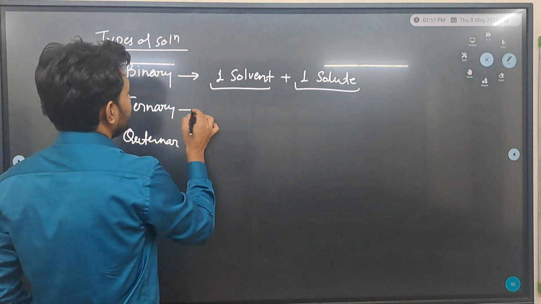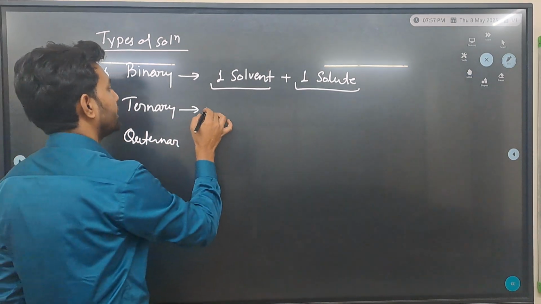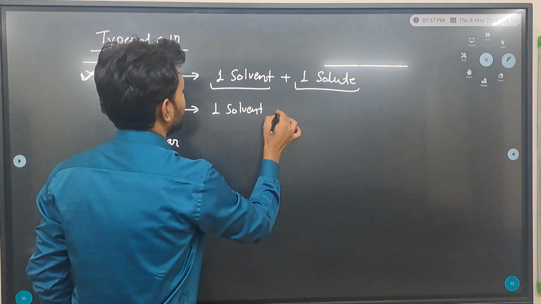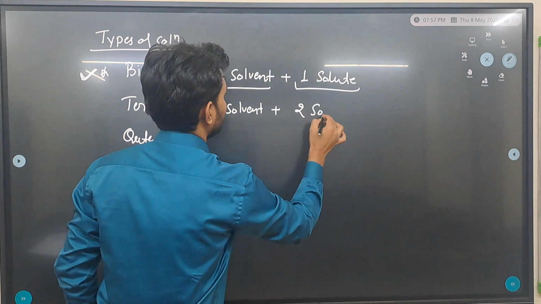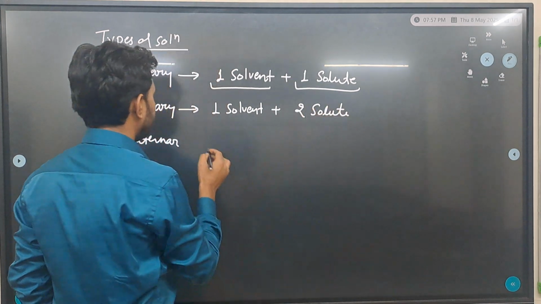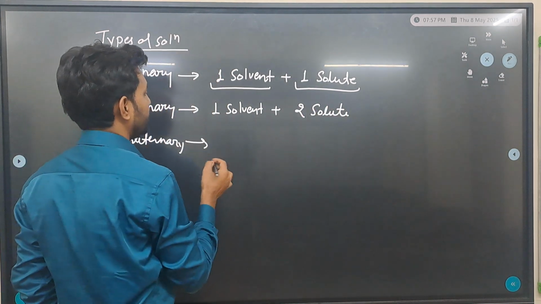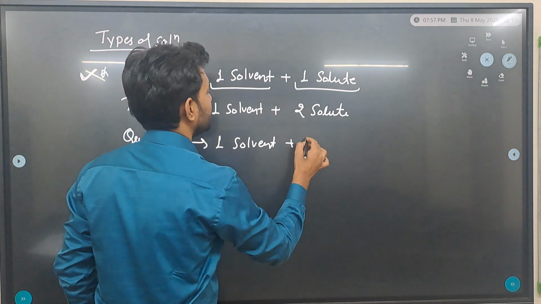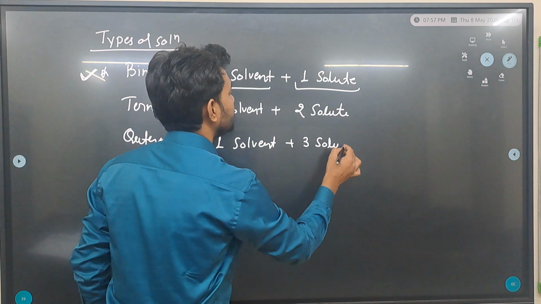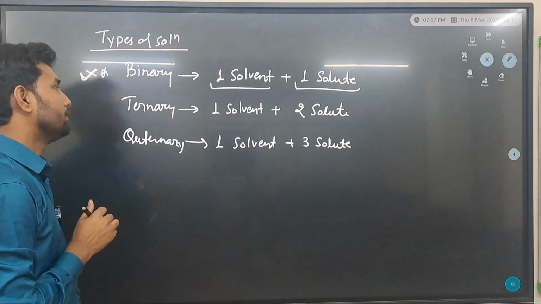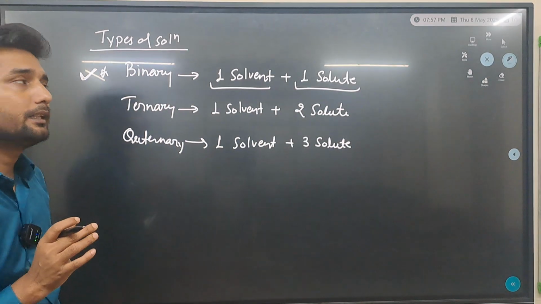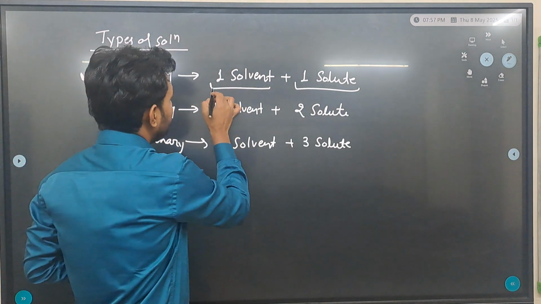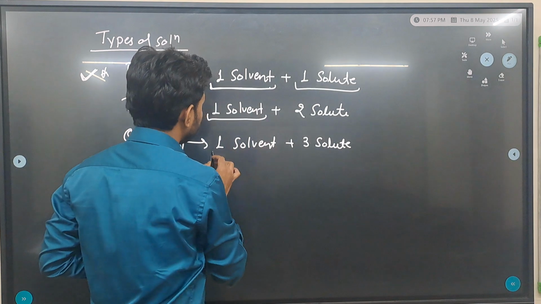In a ternary solution, one solvent plus two solutes, and in a quaternary solution, one solvent plus three solutes. In all the cases, binary, ternary and quaternary, the solvent is always one.